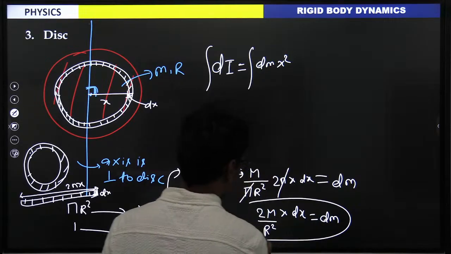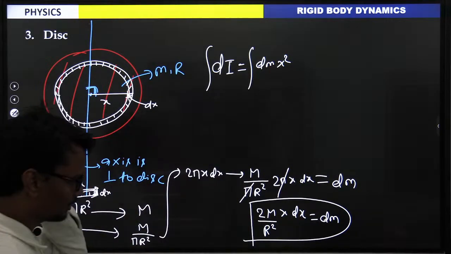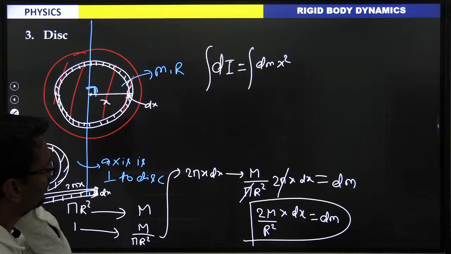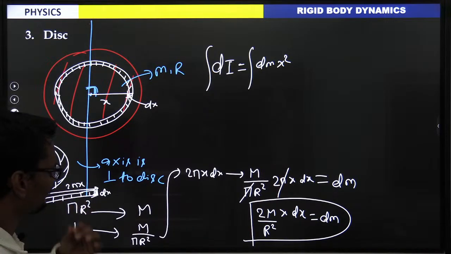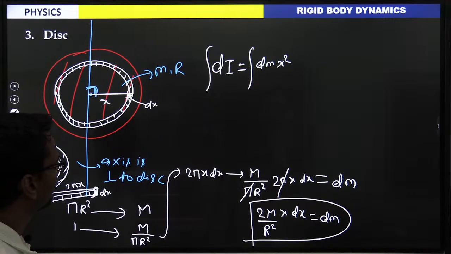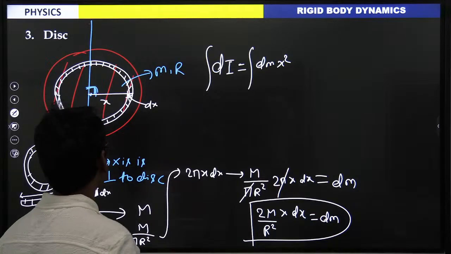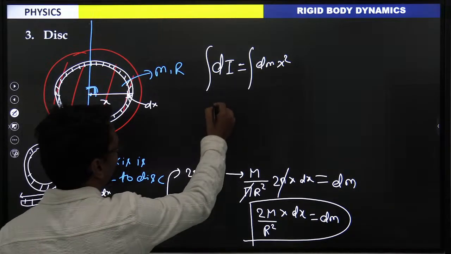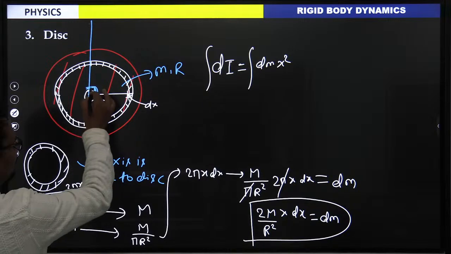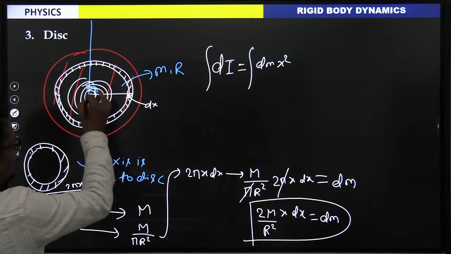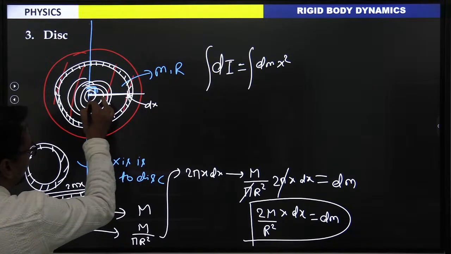I think this is clear to all of you. Now we can easily put in the value of dm. First of all, we put in the limits. We cut a small ring from the center to here, from 0 to r.